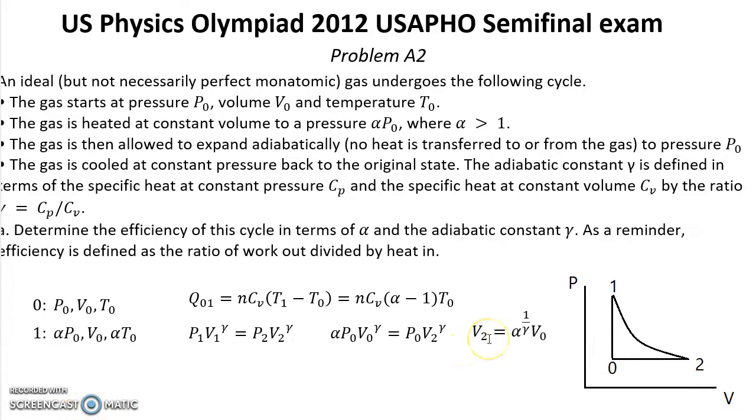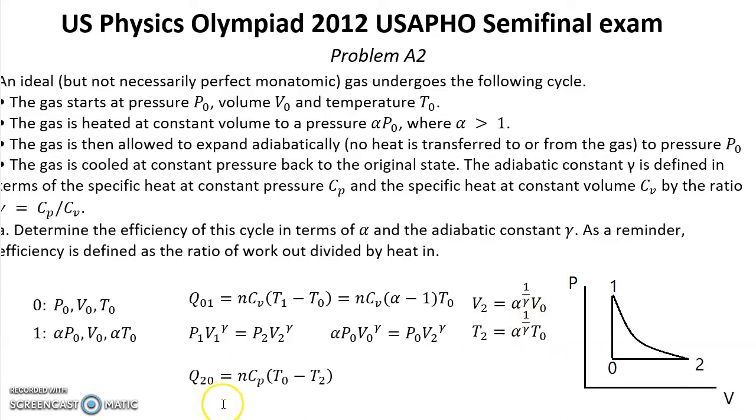So we have V2 equal alpha power 1 over gamma multiplied by V0. Next step, due to proportionality of temperature and volume during isobaric process from 2 to 0, we have temperature T2 equal alpha power 1 over gamma T0.